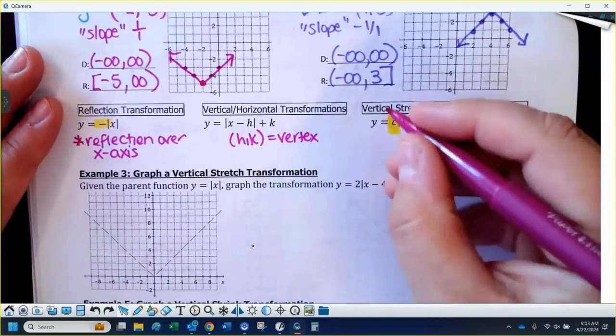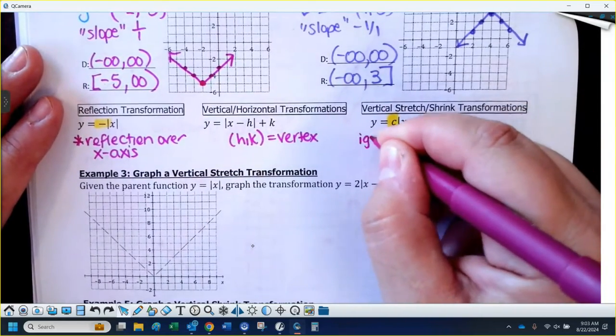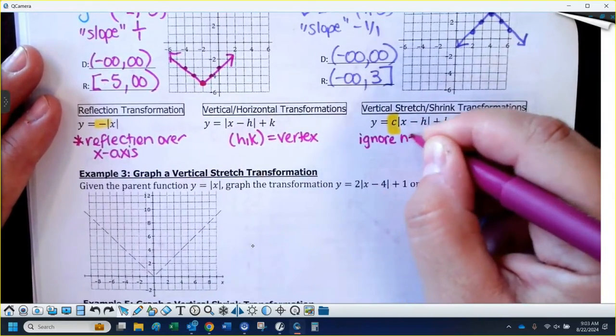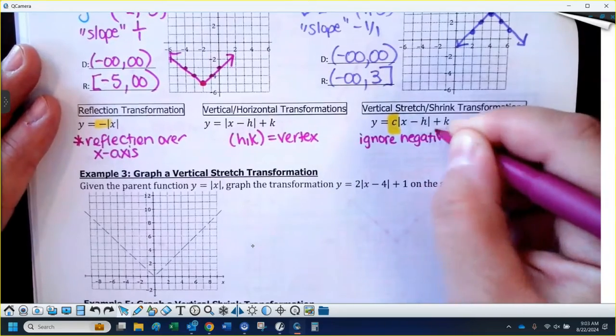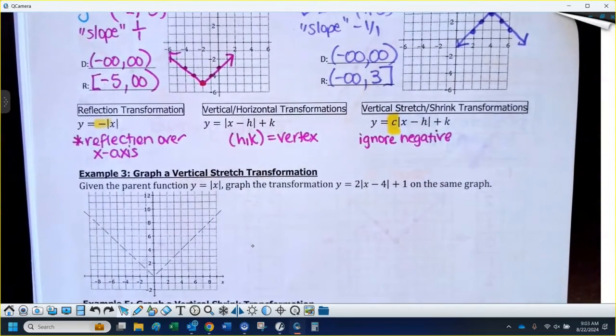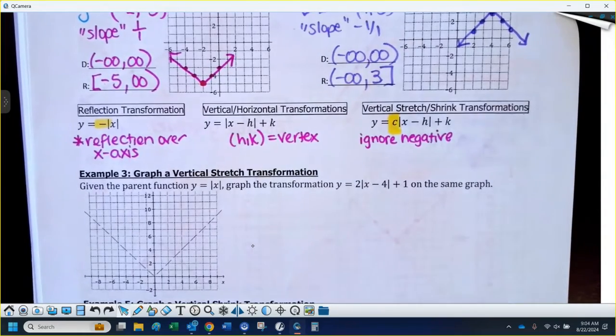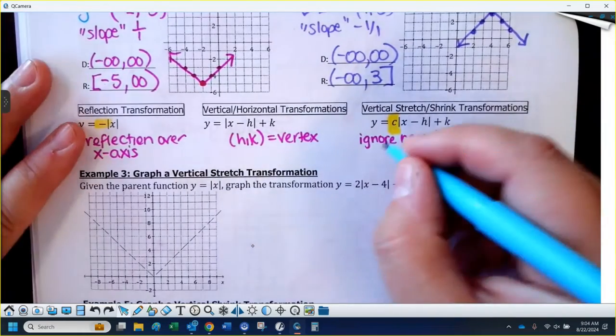All right, so in this case, we're going to ignore any negative. If it has a negative, that's that reflection transformation at the top. If it's negative, it just tells you whether it flips right side up or upside down. So ignore the negative, whatever number's out there.